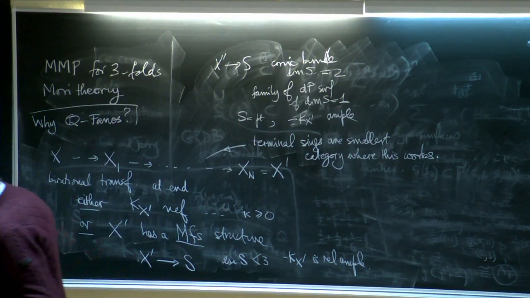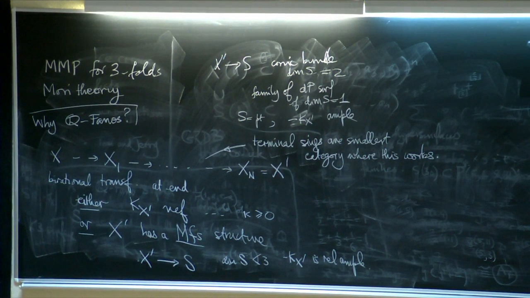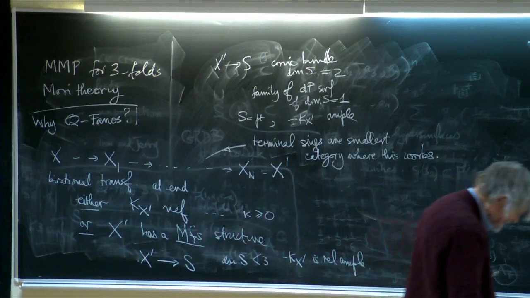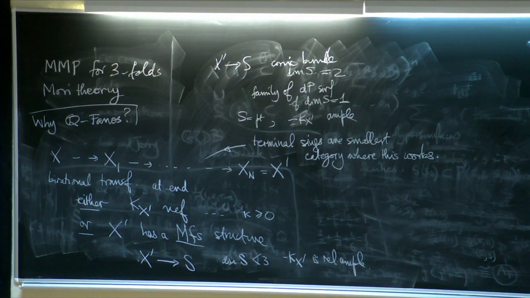So there's possibly the biggest distinction between the surface case and the higher dimensional case. If you think your surface is not minimal, you look around the surface to find a -1 curve, and a -1 curve is a geometric locus.